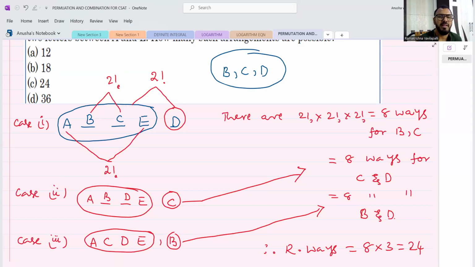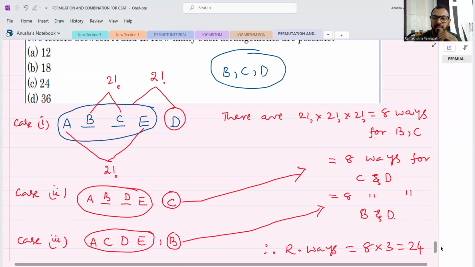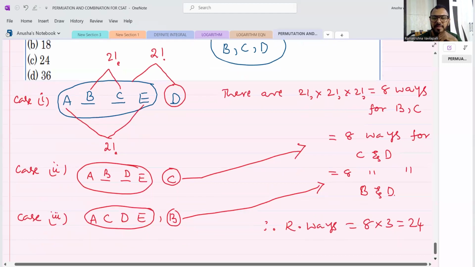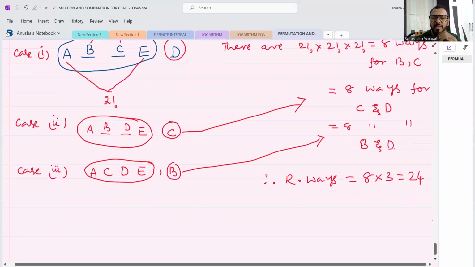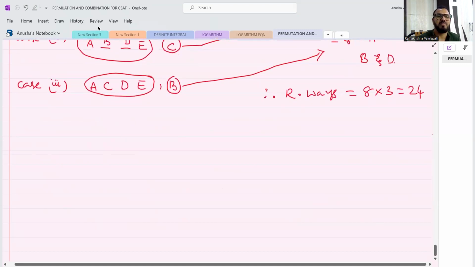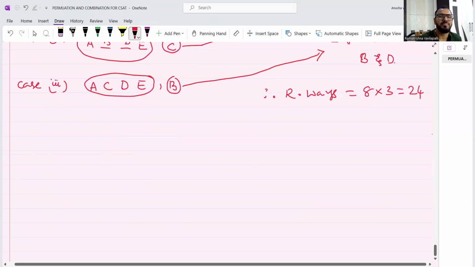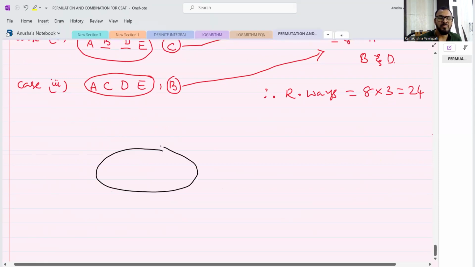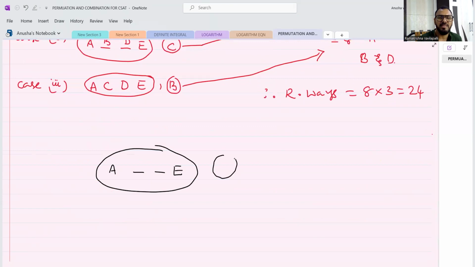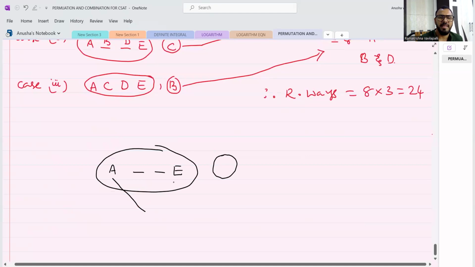There is another way also. I can apply that method, and I will explain it in a single step. Same question. See that A, these 2 places, E, and this is the next place. A and E can be arranged in 2 factorial ways.